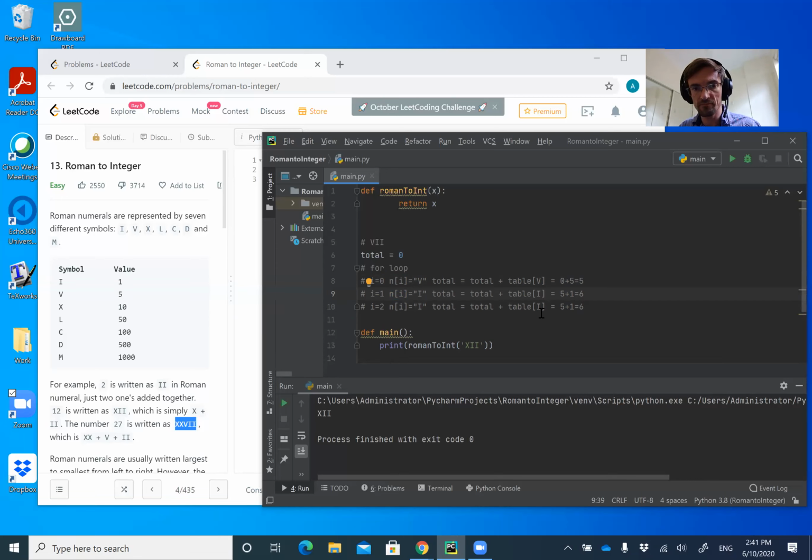Okay, so just notice here what we will need: the table of that value, and table of that value. So let's just write that. But maybe actually we will already put the first number into the total.